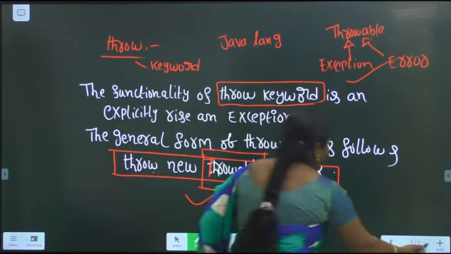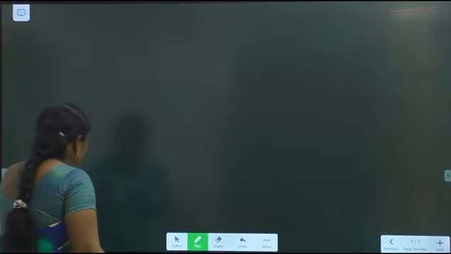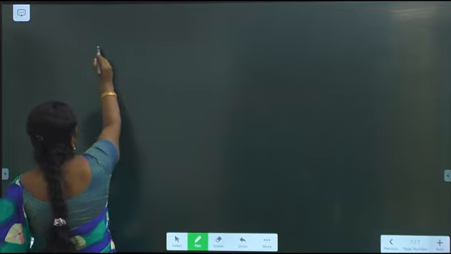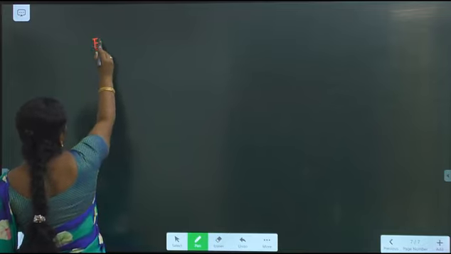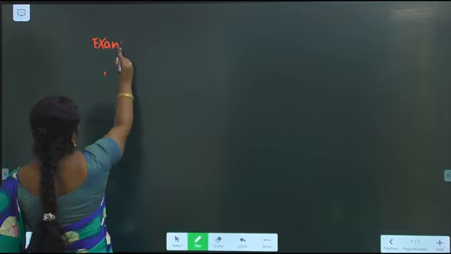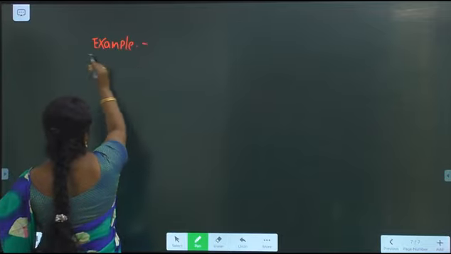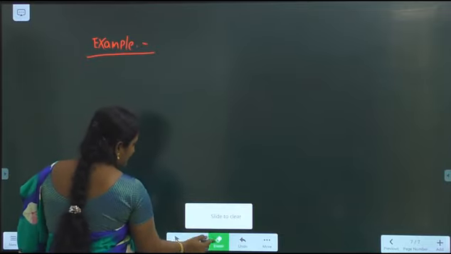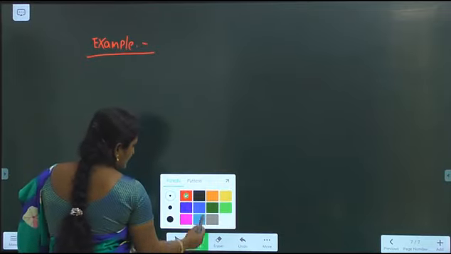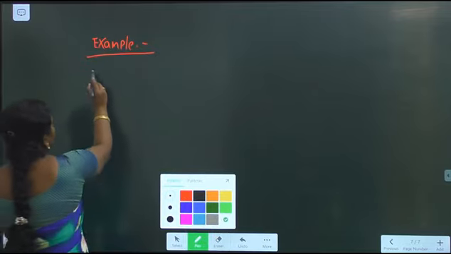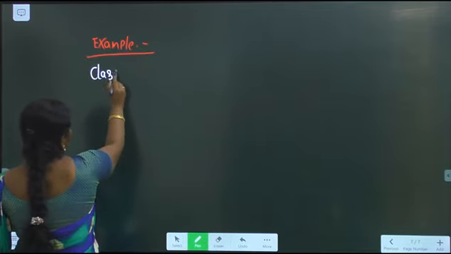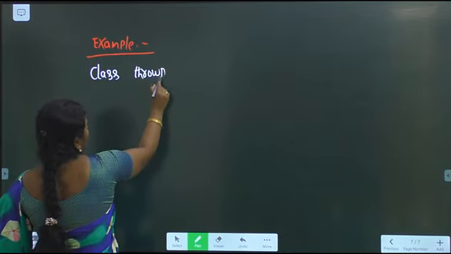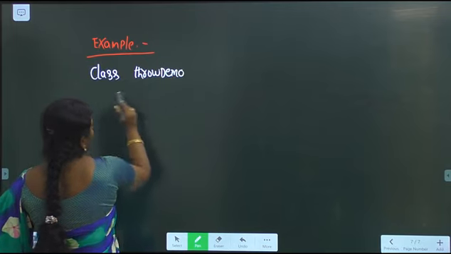Here I want to explain with respect to a program. Example of throw. First of all, I am defining class ThrowDemo.